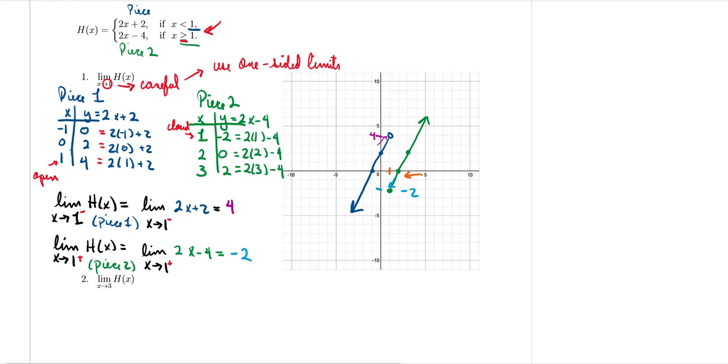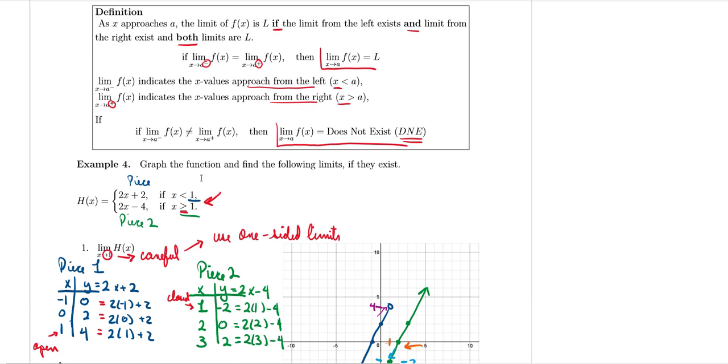Perfect. Now, if I were to ask you though, what is the actual limit at 1? What we just found was a limit at 1 coming in from the left and at 1 coming in from the right. But if you were to approach 1 from both directions, these ones here, they don't match. So what we're saying here is that the limit coming in from the left is not equal to the limit coming in from the right.